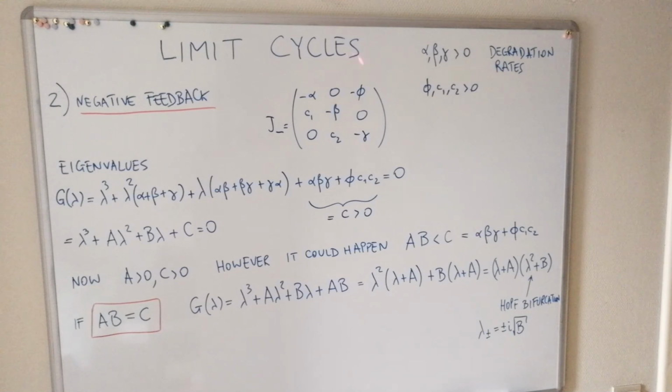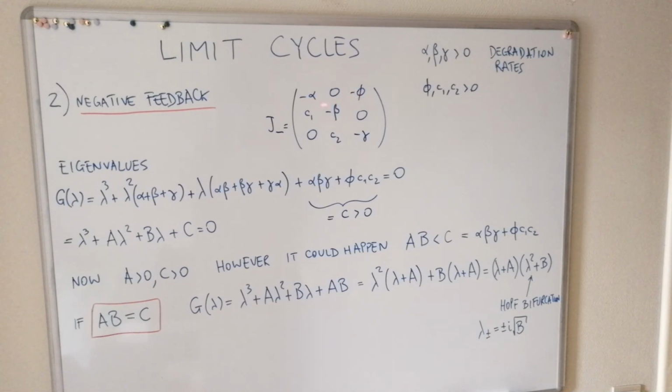The final remark is that here everything comes into a combination. Phi enters as a product with C1 and C2. For instance, we have considered the case where C1 and C2 are both positive. I can take both negative and swap the sign, minus C1, minus C2, and nothing changes here. This is still a negative feedback.